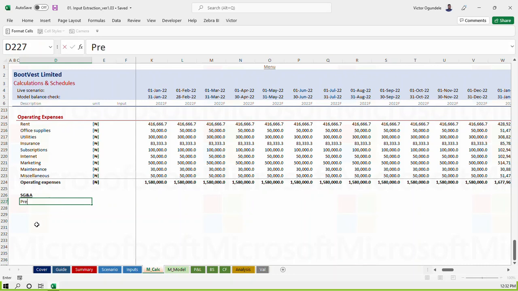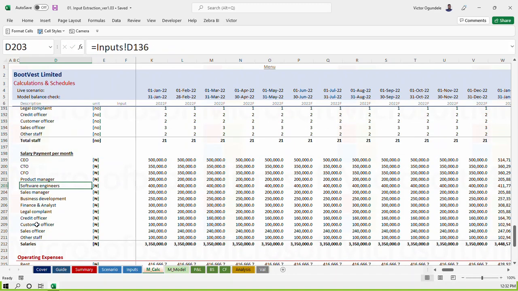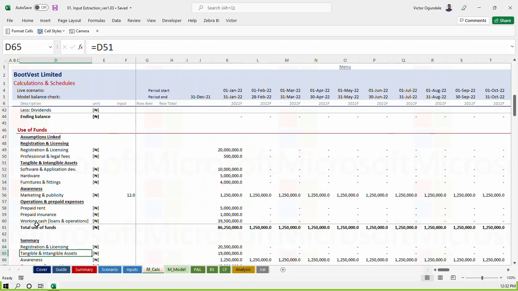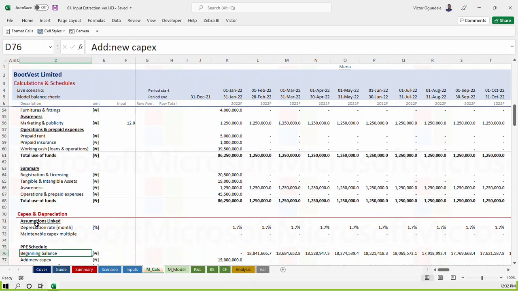So the first one, what are our pre-operating expenses? Pre-operating costs. Let's scroll up to our use of funds. Under our use of funds categorization, registration and licensing, I think, form part of our pre-operating costs, right? Awareness also forms part of our operating costs. Do we agree? Registration, yes, we cannot capitalize registration. Awareness, we cannot capitalize that as well.